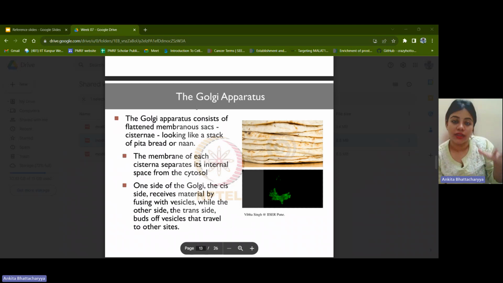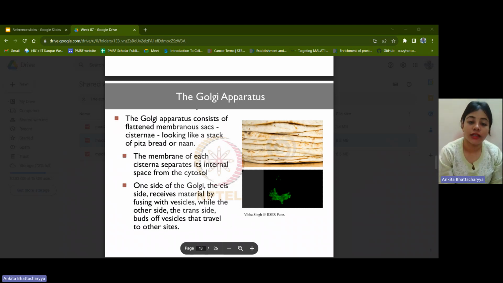Similar to that, the side of the entire Golgi apparatus which faces the nucleus is said to be the cis side. The middle part, somewhere in the middle of the stack, is the medial, and the one which is facing the membrane is the trans. So cis, medial, and trans Golgi form the entire Golgi network that we have been talking about extensively from before.